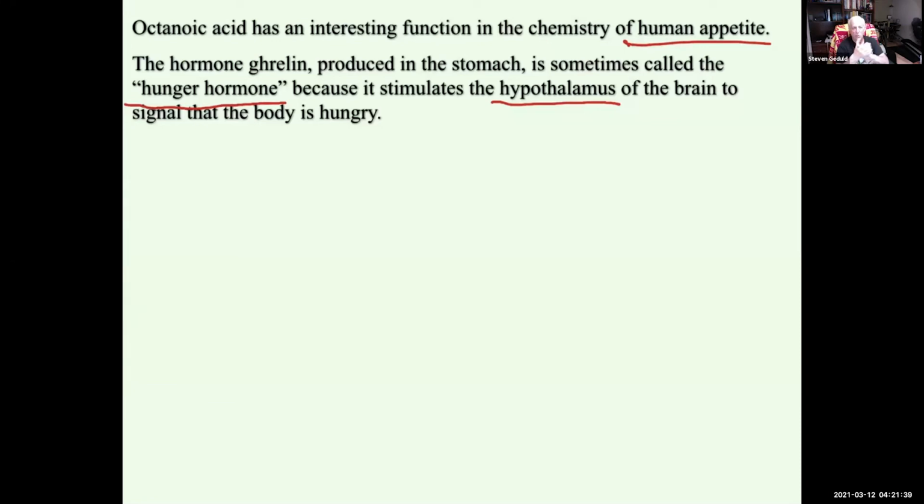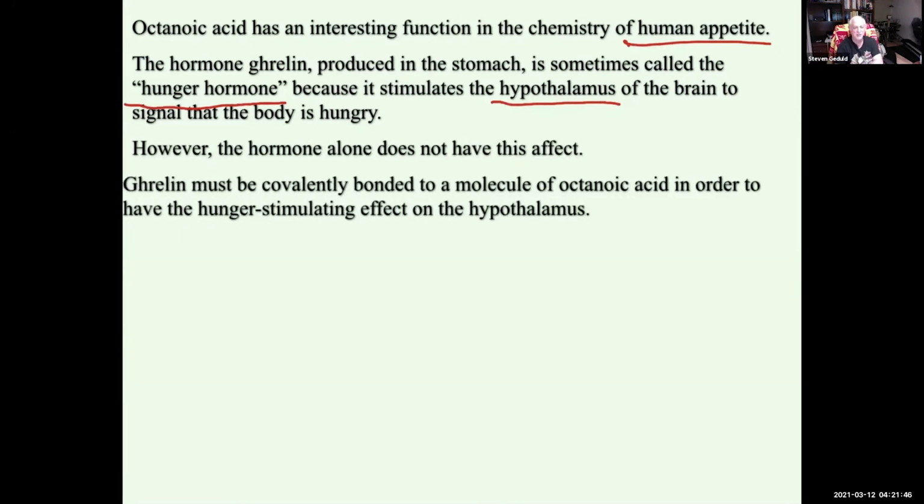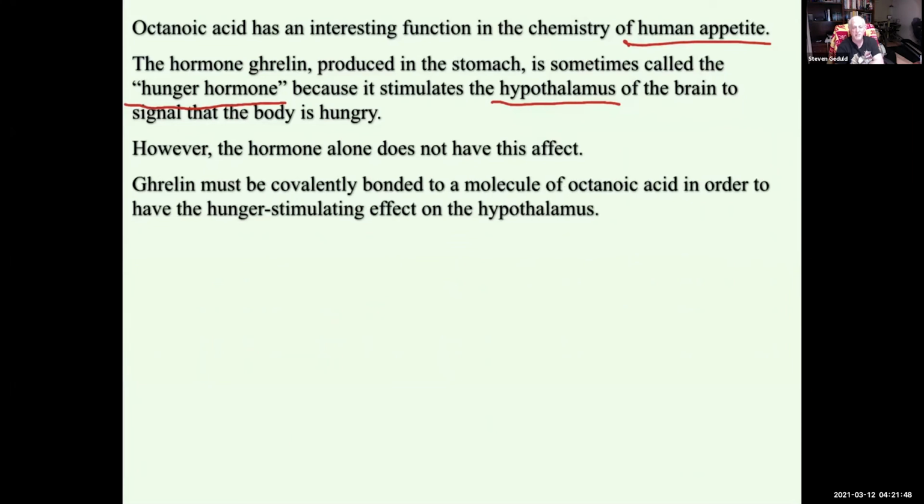That's your body's thermostat. That also signals the body when you're hungry. So it releases a hormone called ghrelin. The hormone alone does not have this effect. Ghrelin must be covalently bonded to a molecule of octanoic acid. Octanoic acid, we can draw that compound, right? Octanoic acid is octane, 8 carbons, and add a COOH group on the end of it. So in order to have the hunger-stimulating effect on the hypothalamus, the ghrelin compound that's produced has to bond to octanoic acid.